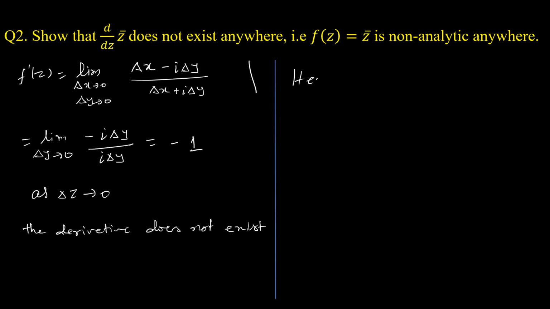Hence, we can say that f(z) equal to z bar is non-analytic anywhere, or we can say it is not analytic. So this is the answer of our second question.